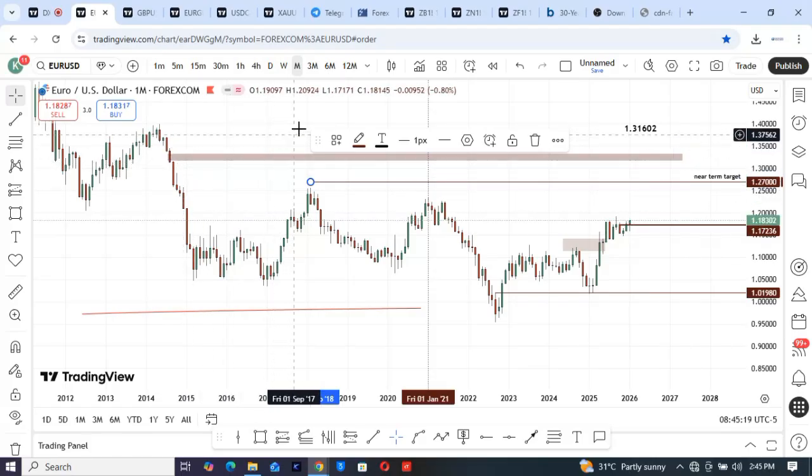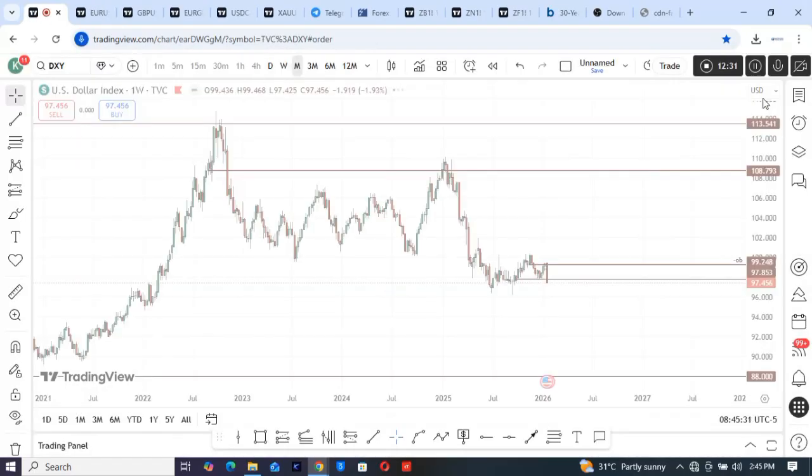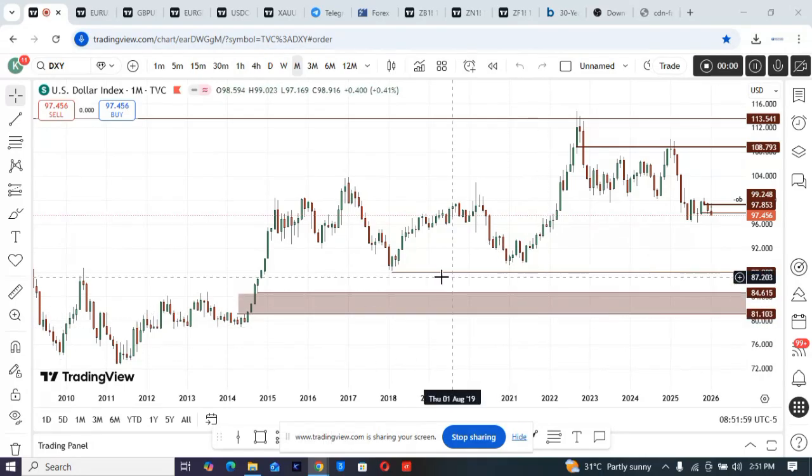And also, let's look at the dollar. So the dollar, right?